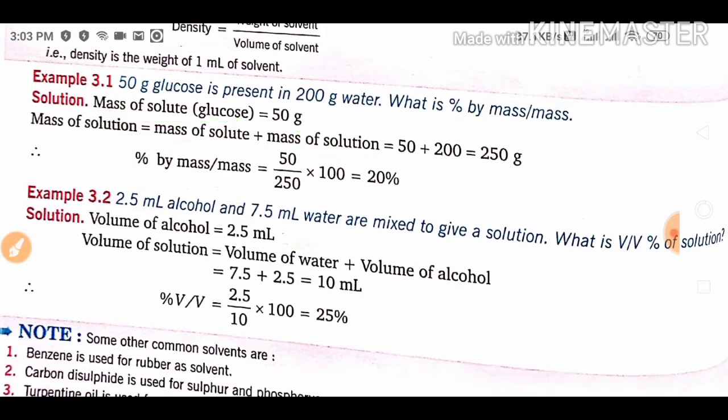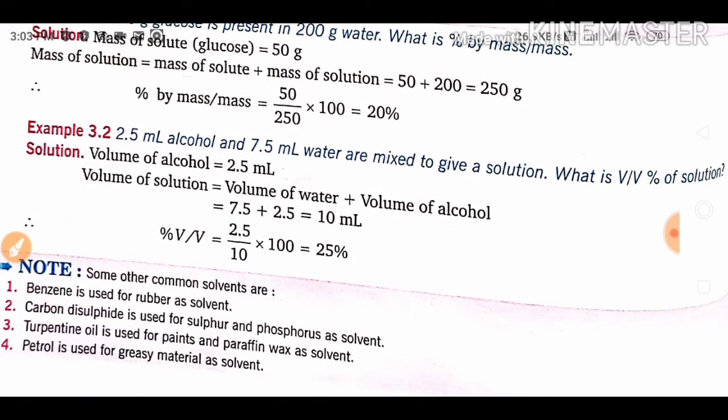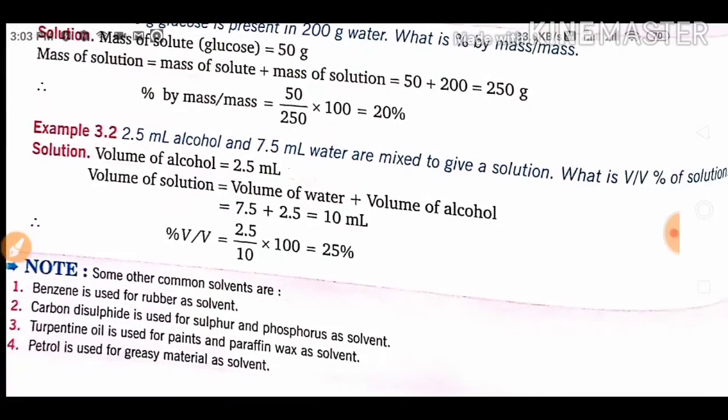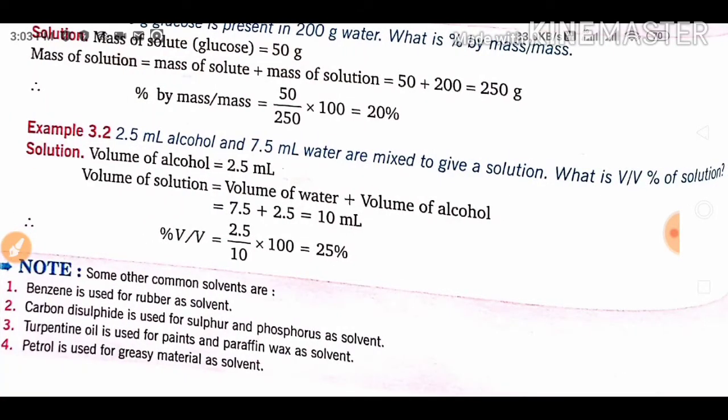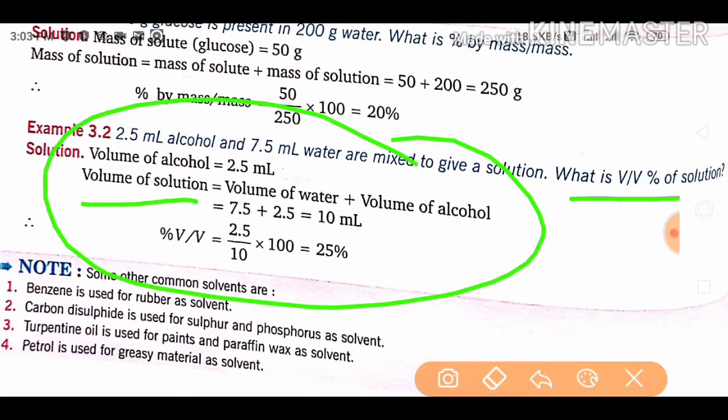Another example is given here. 2.5 ml alcohol and 7.5 ml water are mixed to give a solution. What is the volume upon volume percent of solution? Volume of alcohol is 2.5 ml, and the volume of solution will be volume of water plus volume of alcohol, that is 10 ml.